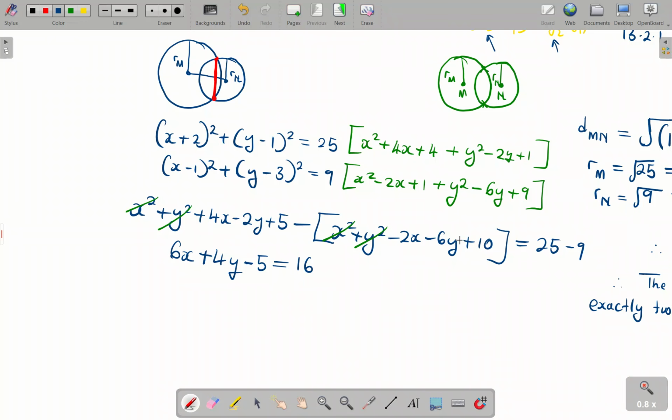That's 5, take away 10, you'll be left with negative 5. Then take this to the left. So 6x plus 4y will be 16 plus 5, which will give you 21. So you have 21 like this.